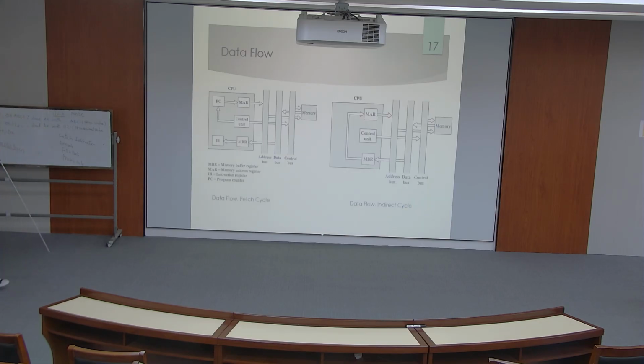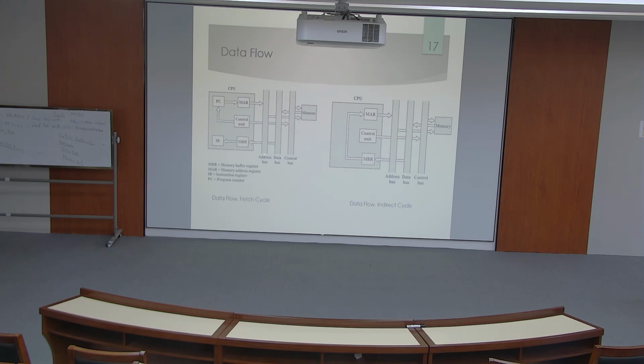So we have the data flow. We have seen these important registers: the program counter, the instruction register, and the memory buffer register, which acts as a buffer between the memory and the processor. We have seen the control unit, which manages the operation being executed by our microprocessor.